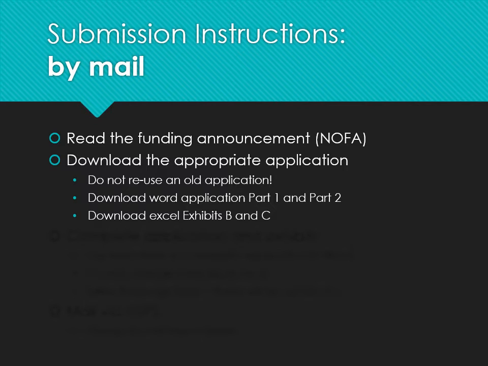You'll have to download two separate documents, Part 1 and Part 2. Part 1 is the common application, the same as the United Way Community Impact Fund application, and Part 2 is the City of Bellingham's addendum. Both of these documents are available on our website. Also, make sure to download the Excel Exhibits B and C and submit them along with the rest of your application.